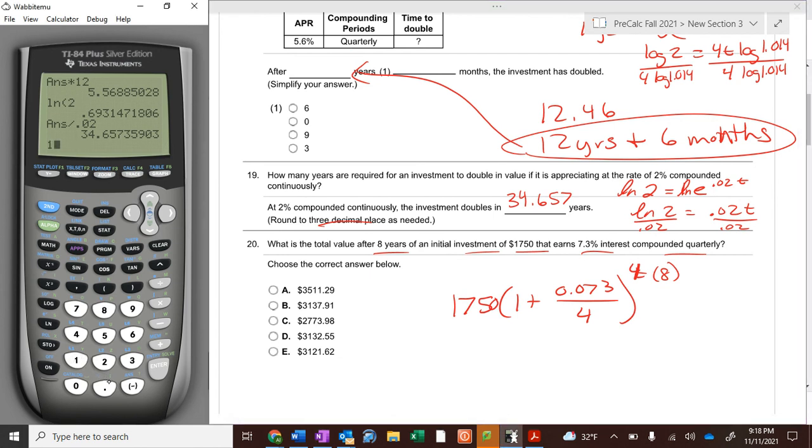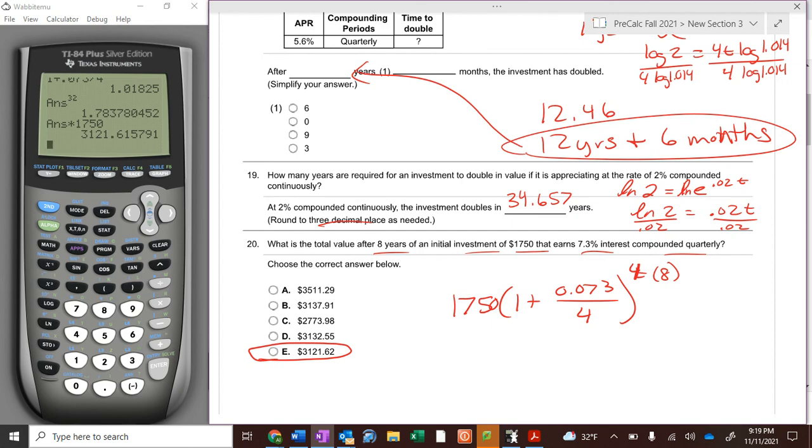So 1 plus 0.073 divided by 4 is 1.01825. Raise that to the 32nd power and take that times 1750, and ta-da, 3121.62. E. There we are.